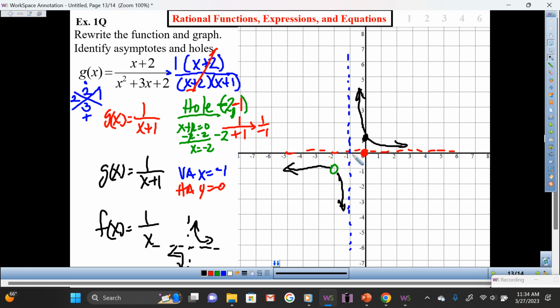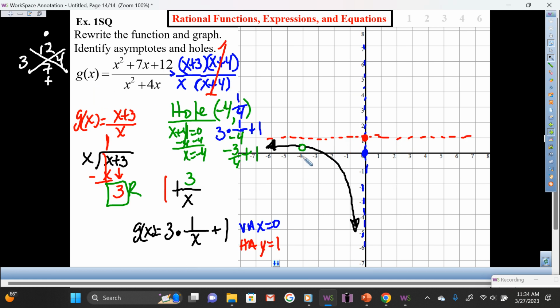The point is 1 to the right, 1 up. Okay. Where is this hole at? From here. Let me highlight the asymptote so you guys can see it. It's at 1, 2, 3, 4 to the left and a little bit down.